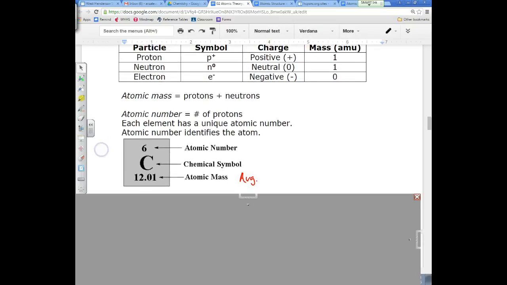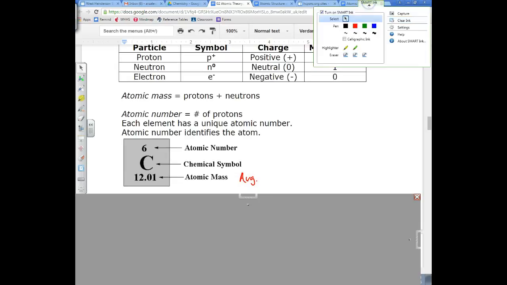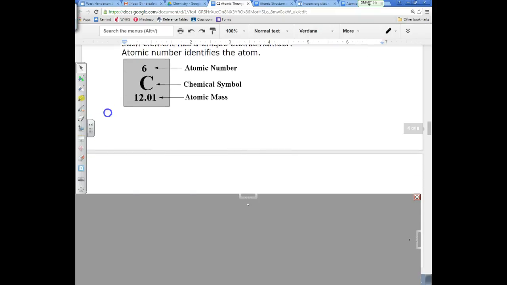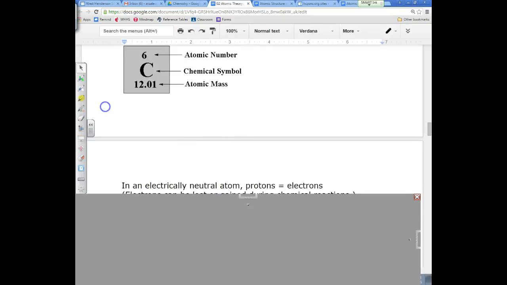All right. Now, we're going to start dealing with our structures and being able to calculate the different subatomic particles in each atom. Now, one that we haven't talked about is an electron. If an atom is electrically neutral, that means the positives balance the negatives. The protons equal the electrons.